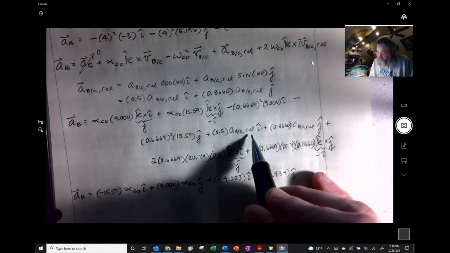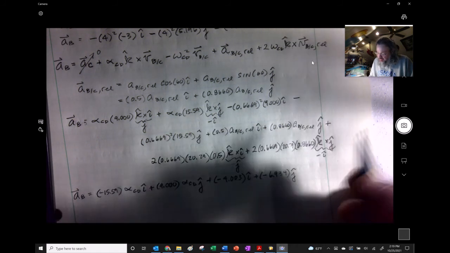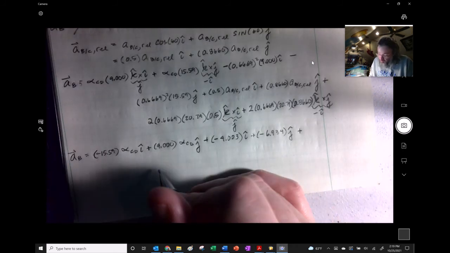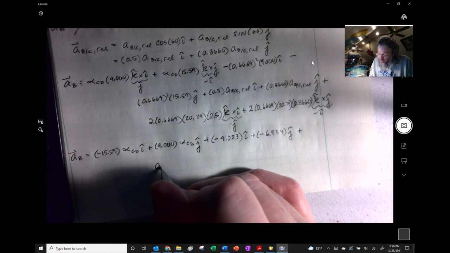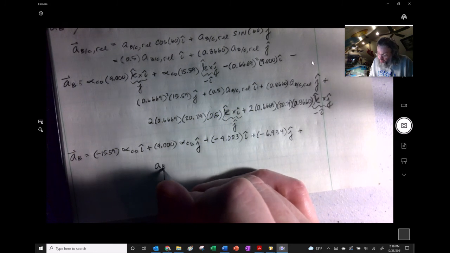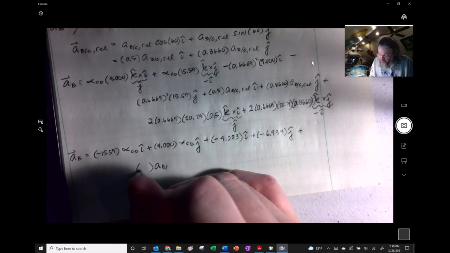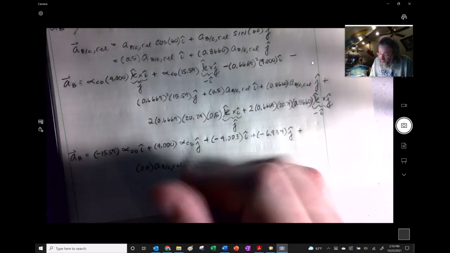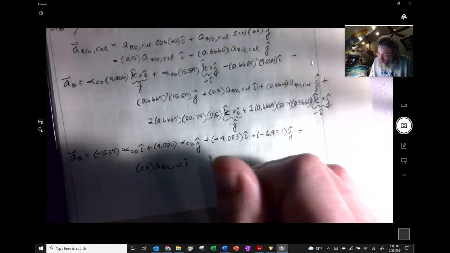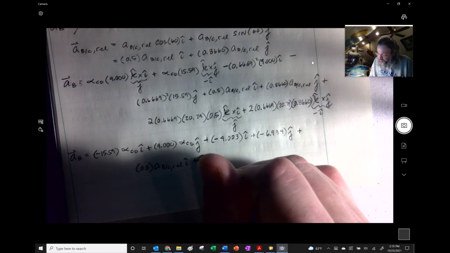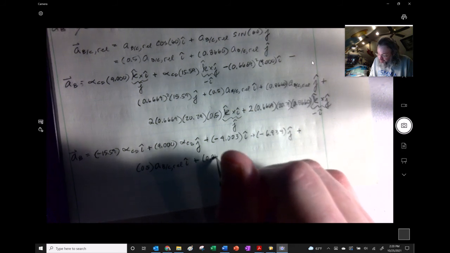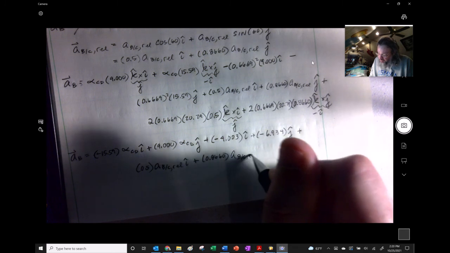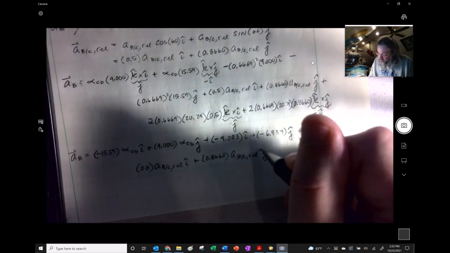Right, so now we come down, we just write these out. So plus the acceleration of B with respect to C, 0.5 rel I, plus 0.8660 AB with respect to C rel J.